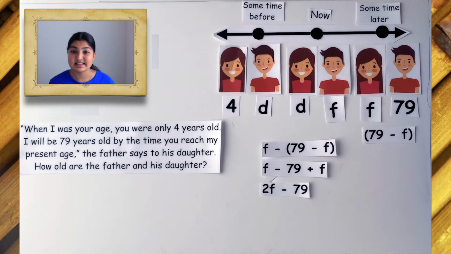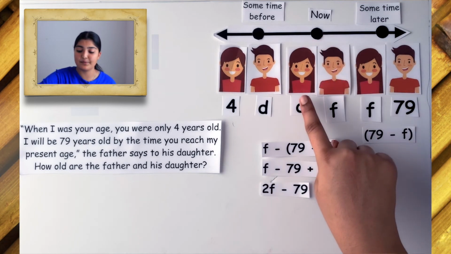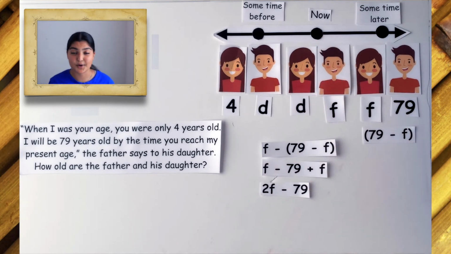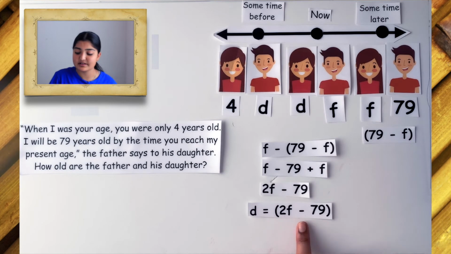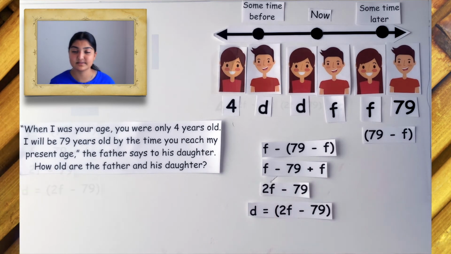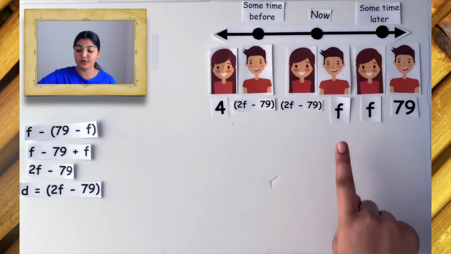So this gives us the daughter's age now. So instead of D, we can write 2f minus 79. Now we have everything using the same variable, the variable f.